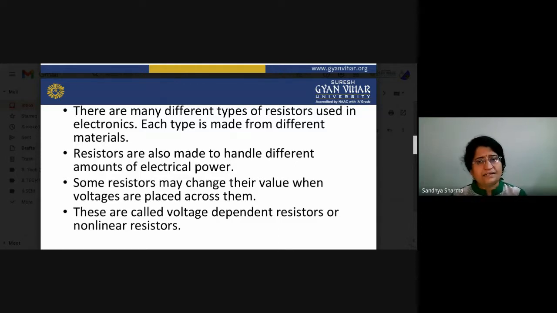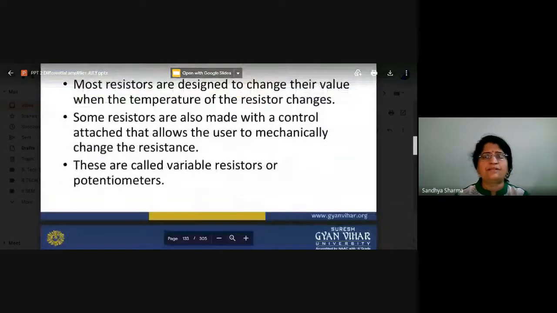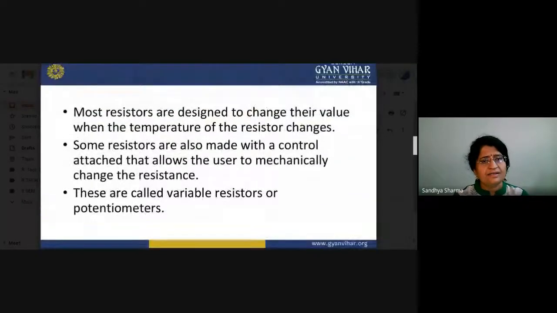They are made from different materials, and electrical power is also handled in different amounts. Some resistors may change their value when voltage is placed across them. These are called voltage dependent resistors, and this type of resistor we call a non-linear resistor. So this is the basic classification. According to their property, we define the resistances.